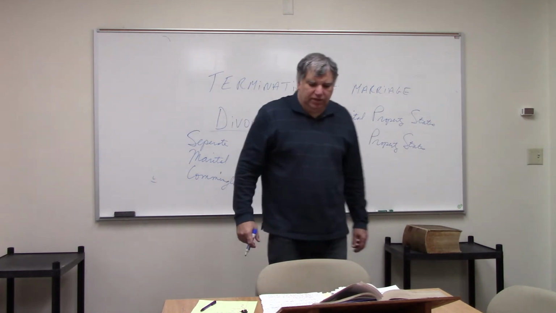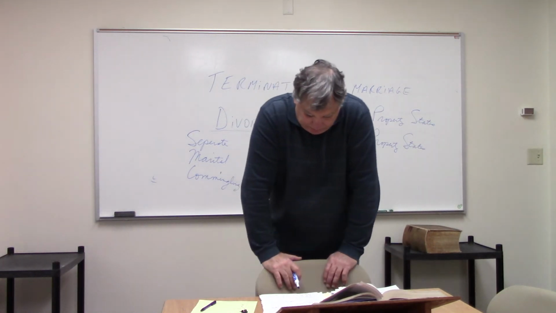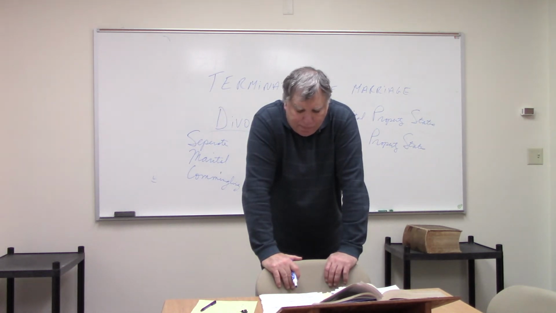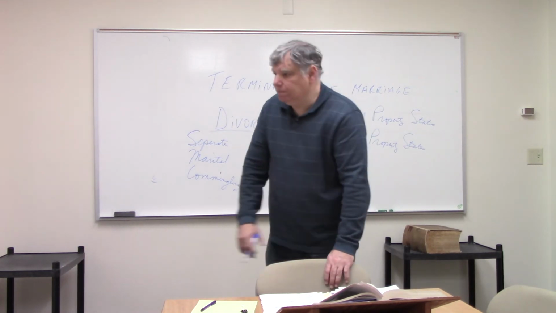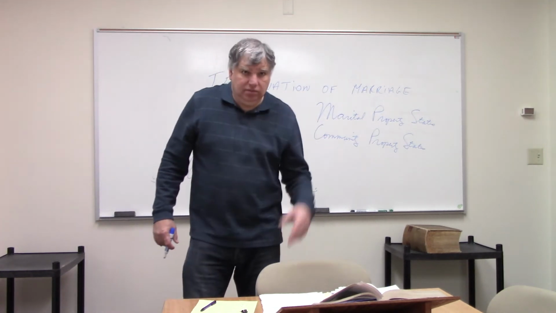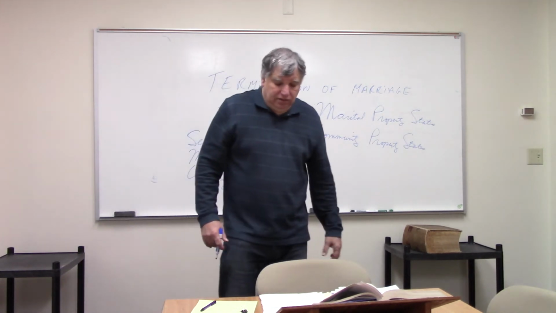So let me explain what the distinctions are between these. In a marital property state, courts are expected to divide the property equitably. Equitably is not the same thing as equally. It doesn't mean 50-50.